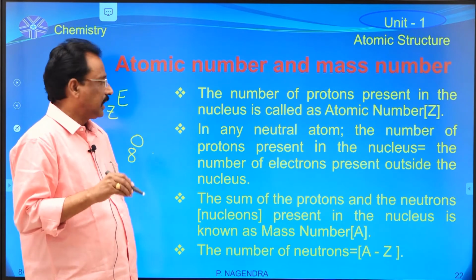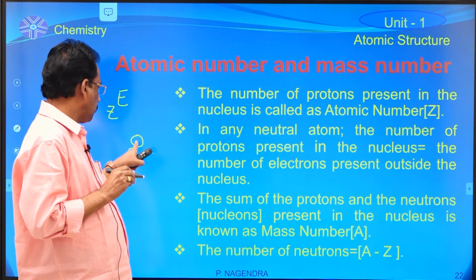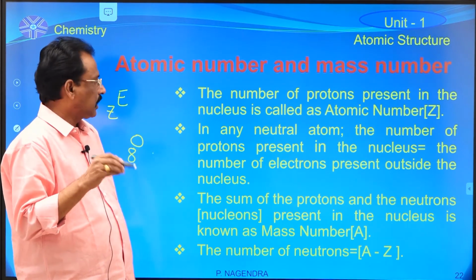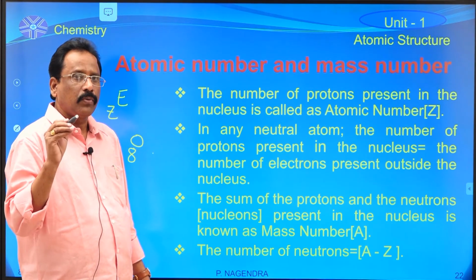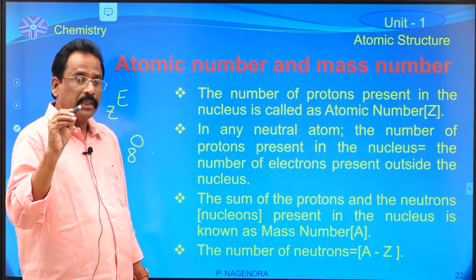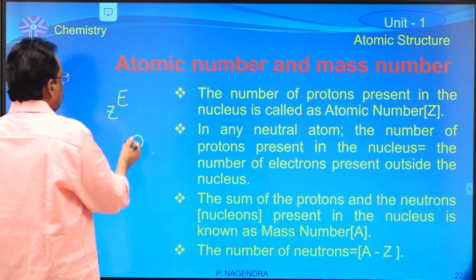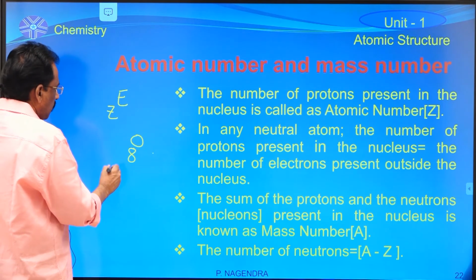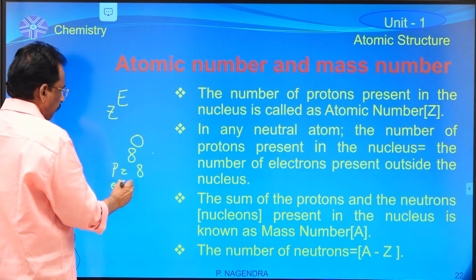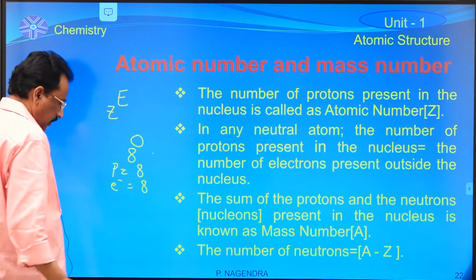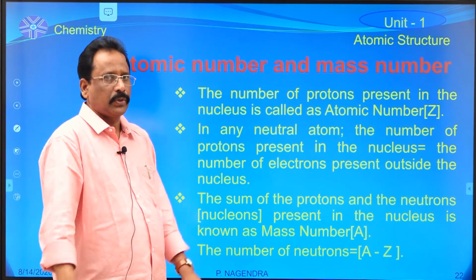In the same way, if it is a neutral atom, which does not have any charge, the atomic number Z is also equal to the number of electrons present outside the nucleus. That's why in this representation the proton number is 8 and the electron number is also 8. Plus 8 and minus 8, the sum becomes 0.